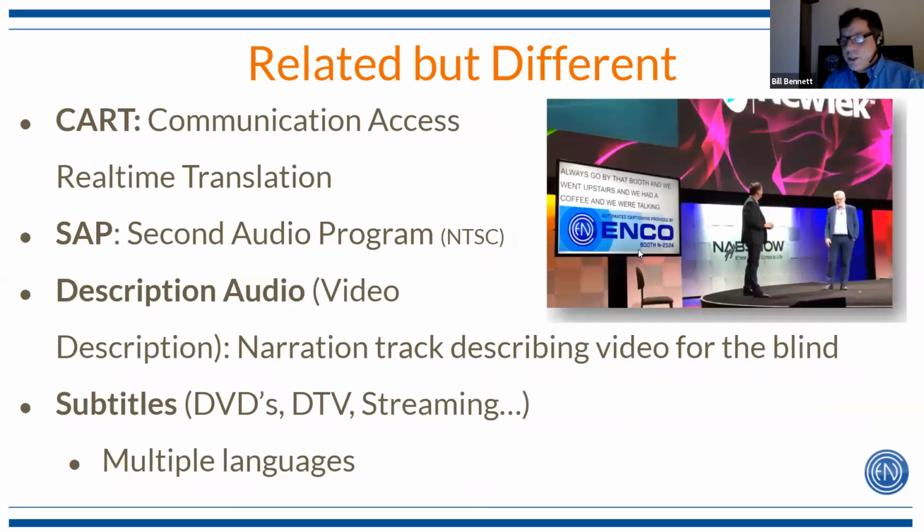So a few different related areas to captioning. And that picture, I don't know if you guys remember this thing called NAB. There was this big show in Vegas every year. This picture is from 2019. Gosh, seems like a century ago.